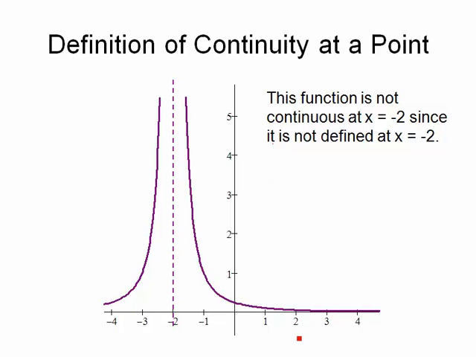Since I'm going to have to lift up my marker here to draw both sides of this, this is a discontinuous function. And it's discontinuous at x equals -2. So anytime I have to lift up my pencil, my marker, or whatever, that's when I run into a discontinuity.